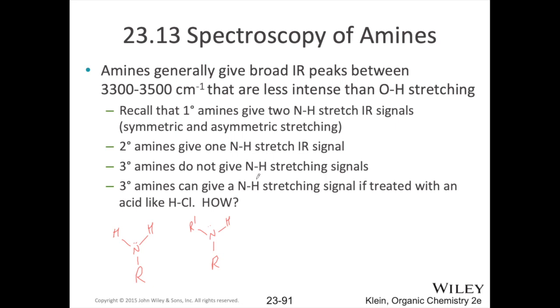If you do have a tertiary amine, you can protonate that nitrogen and turn it into the corresponding ammonium salt. Once you've protonated that nitrogen, it now does have a nitrogen-hydrogen bond. So that might be a good way to prove that you've got a tertiary amine. The signal won't show up when it's neutral, but it will show up when it's protonated.